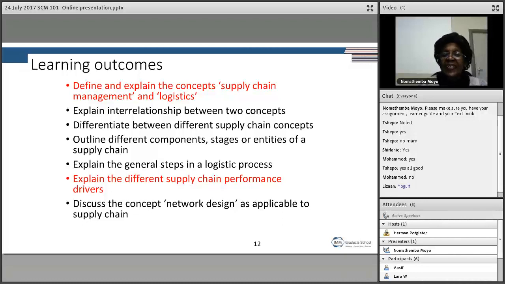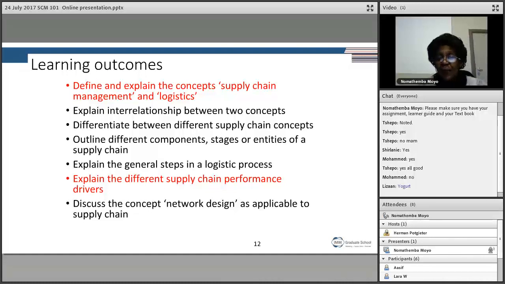Then explain interrelationship between the 2 concepts. How is supply chain management related to logistics? Then the third one, differentiate between different supply chain concepts. Outline different components, stages, or entities of a supply chain.